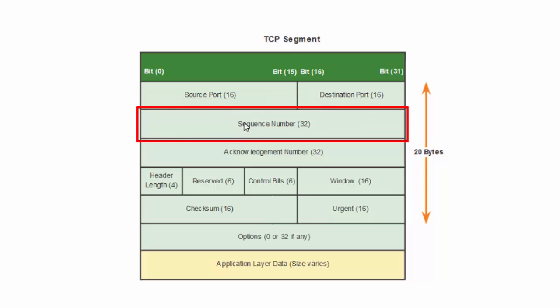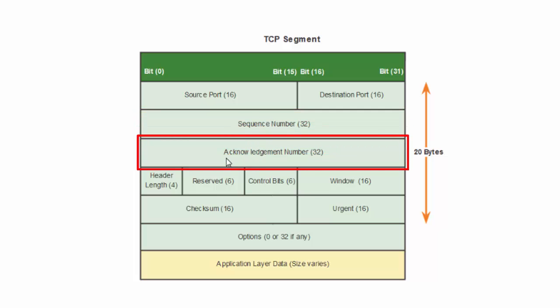Because we break the communication down into segments, we have to provide sequence numbers to allow for reassembling these segments on the receiving application. Also, TCP provides acknowledgement, so we have to provide an acknowledgement number to indicate to the sender that the segments have arrived correctly.